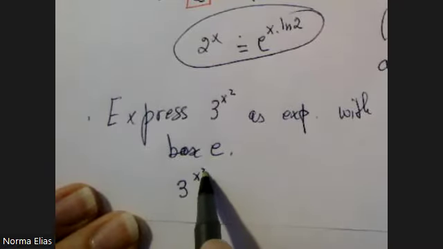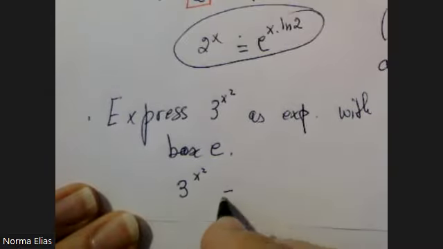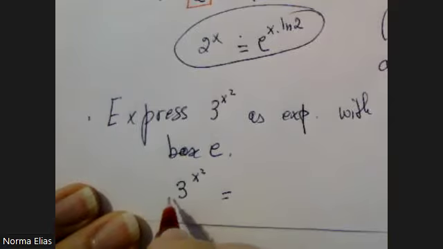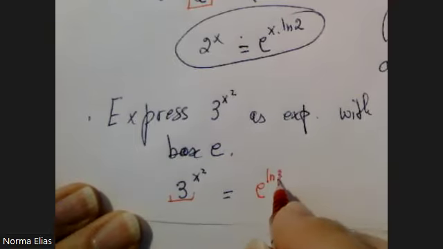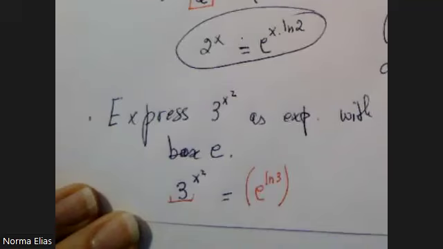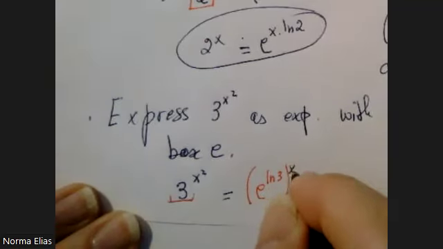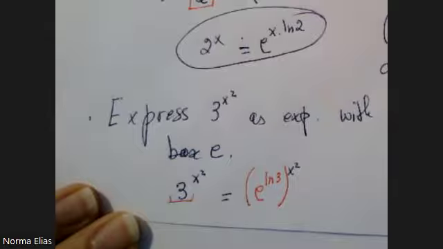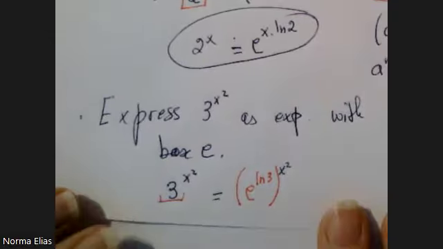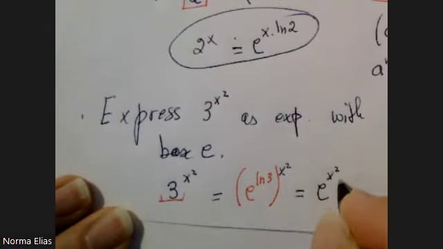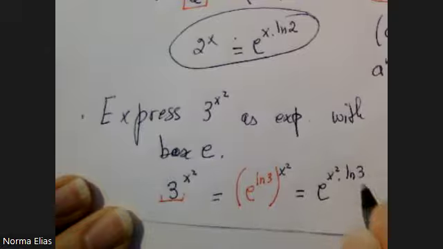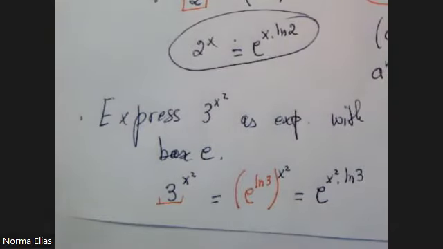It's the x which is squared in this notation. This is my 3. Basically, I want to rewrite it, so I bring e into the picture. So instead of 3, I'm going to substitute e to the ln of 3, and this would be raised to the power x squared. And now use the property of the exponent, and we rewrite this as e to the power x squared times ln of 3. Remember, ln of 3 is a number, you multiply it by that.